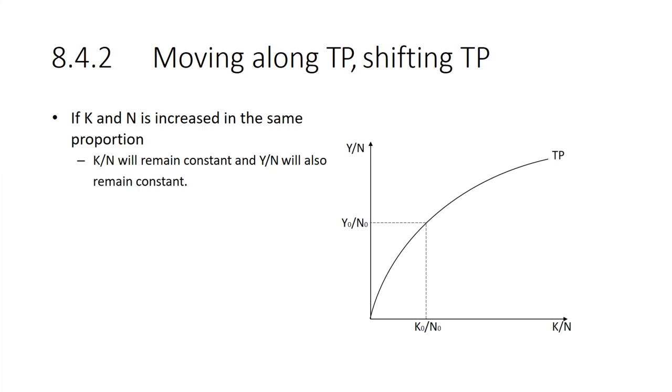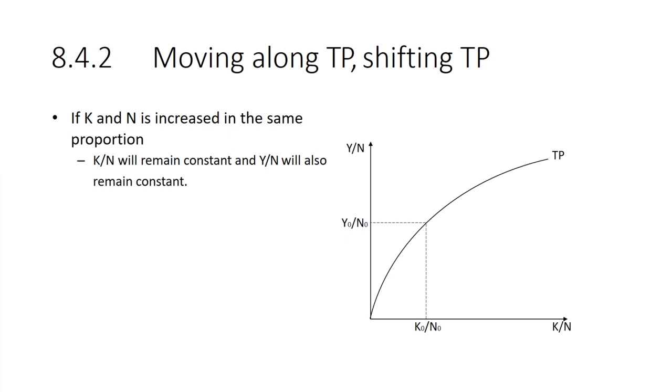Now, this one we add where we take capital and labor and either increase or decrease them at the same proportion, because we want to show you the proportionality. In both the previous cases, it was absolute. Capital increases, but we assume labor remains constant. Or labor increases and we assume capital is constant. In this case, we change both of them at the exact same proportion. And then you would have zero change to your capital-labor ratio and no change to your output per person.